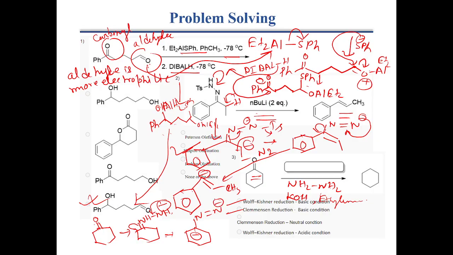Now this negative charge will come and abstract a proton, and the second negative charge will form and neutralize this system after elimination of nitrogen. So this carbanion is formed and abstracts a proton, which gives the completely hydrogenated product. This cyclohexane will form. So this is the whole Wolff-Kishner reduction.